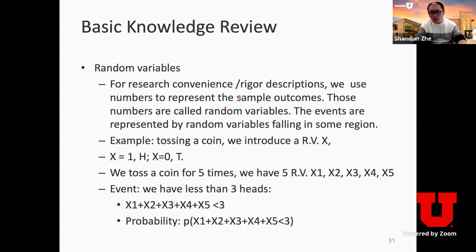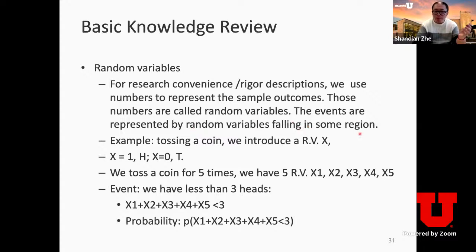The most familiar things to mathematicians or researchers are just numbers. So random variables use numbers to represent the sample outcomes or experimental outcomes. And then we can represent the events by, say, describing some random variables falling in some region.